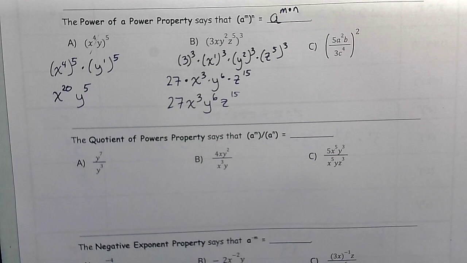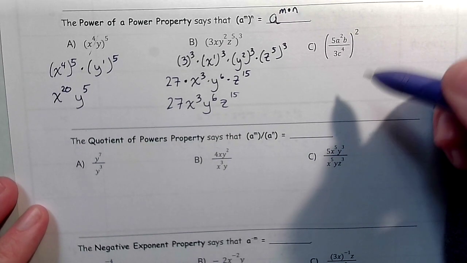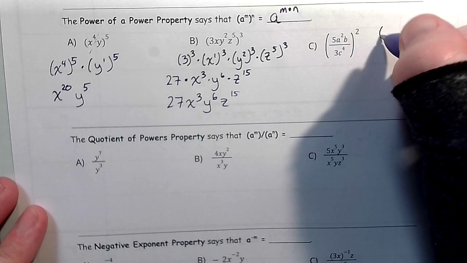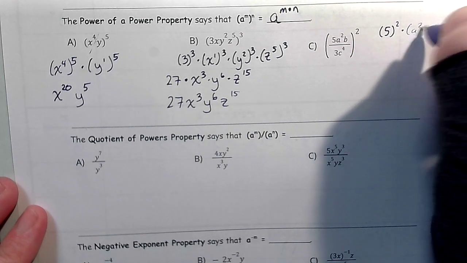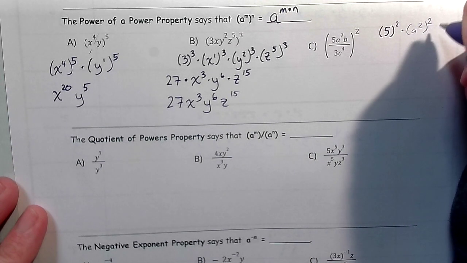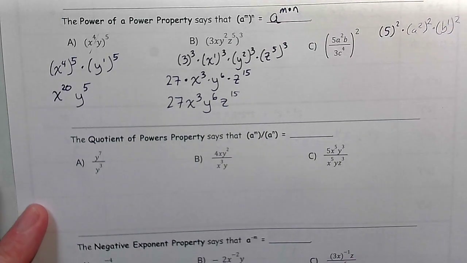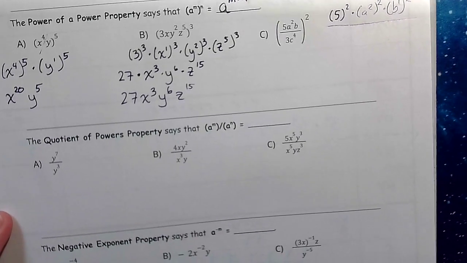And then finally, we've got a little bit more complicated one here, but we can still do it. 5 to the second times a to the second squared again, times b to the first to the second. This is getting ridiculous.